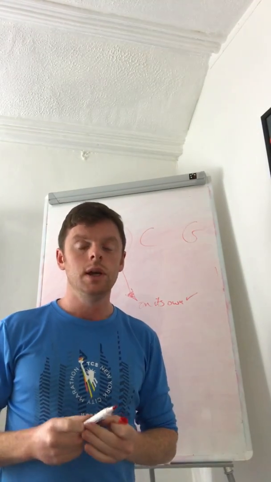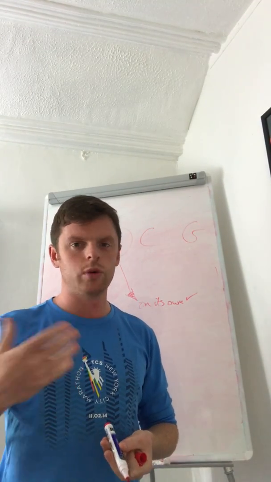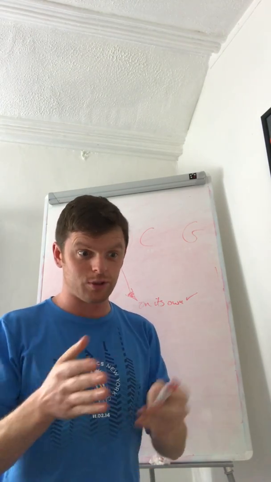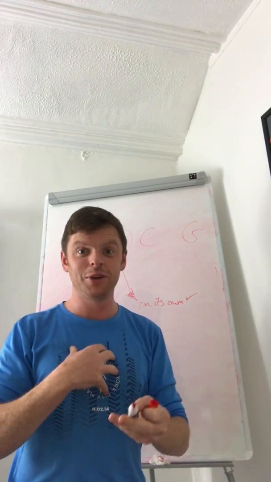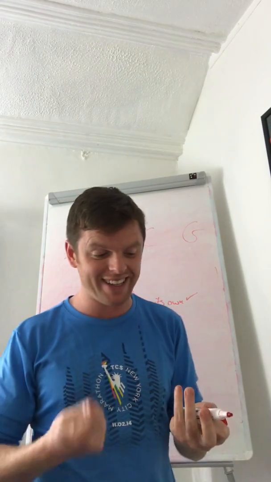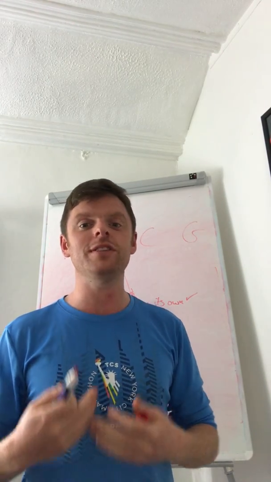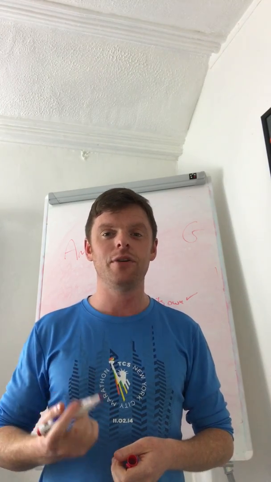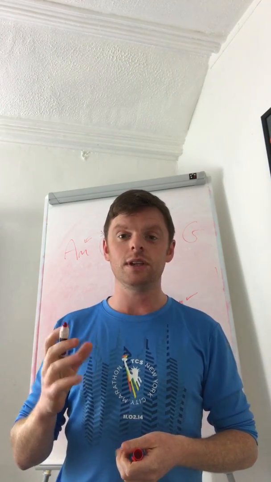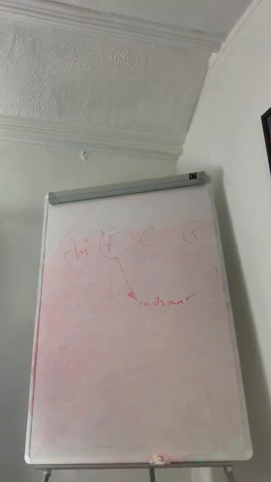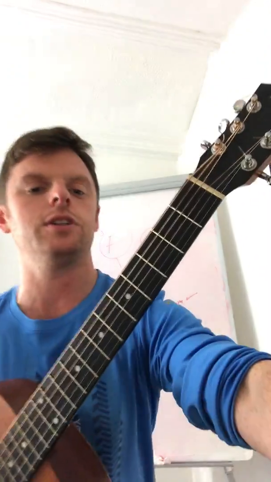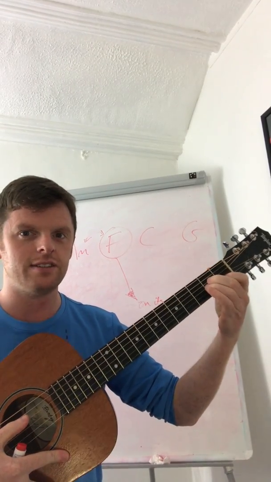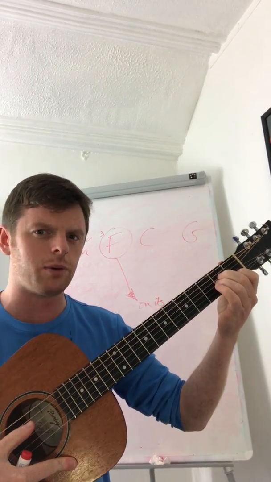Being a teacher or a more experienced player or somebody else, it can be very easy to see what's going on with somebody else's playing because you're in the audience, you're not the one playing it. So for this student themselves and for anybody out there working on their chord changes, I'd recommend if you're the one playing it, get the chord change you're working on, like A minor to F. I said to this student, have a go yourself and see can you spot what's going on.